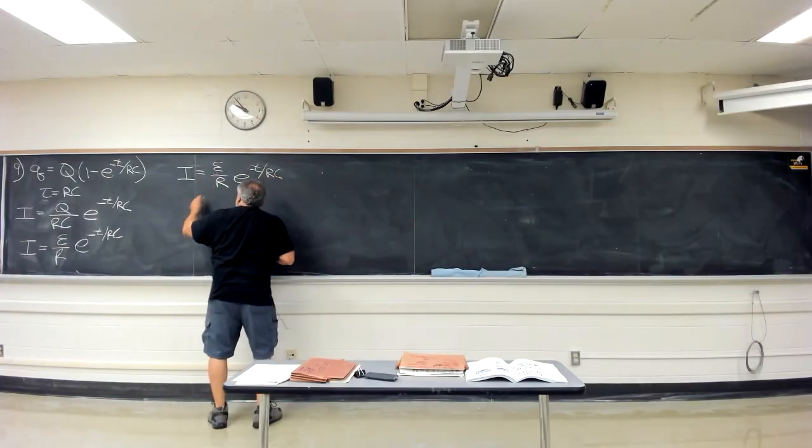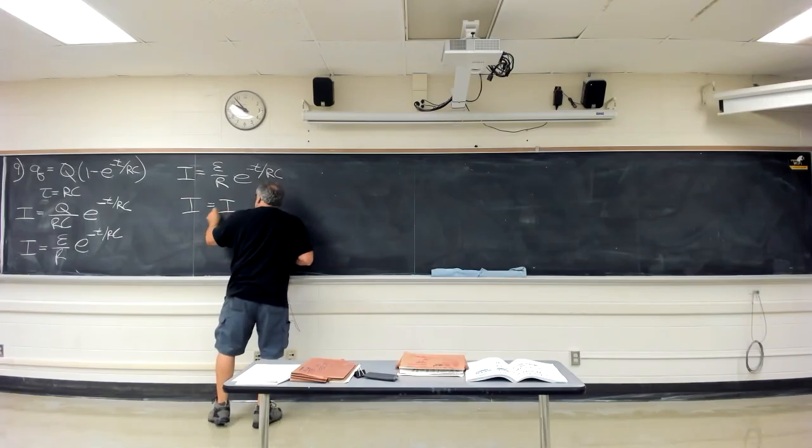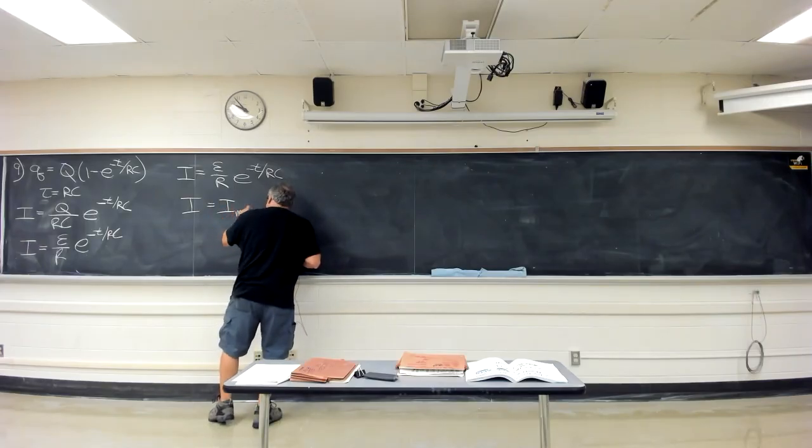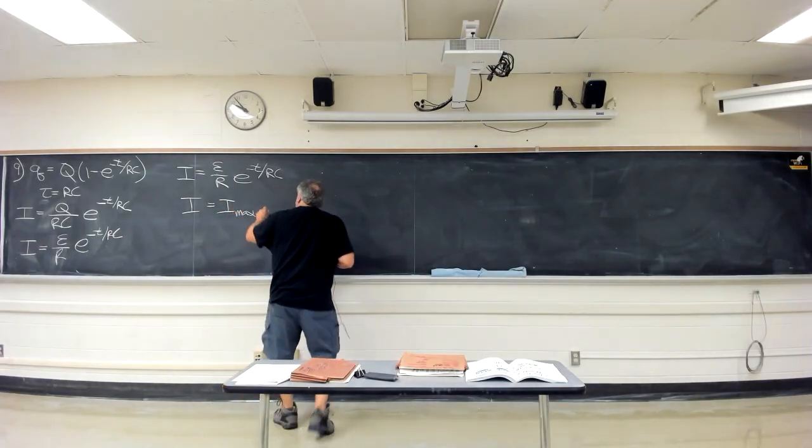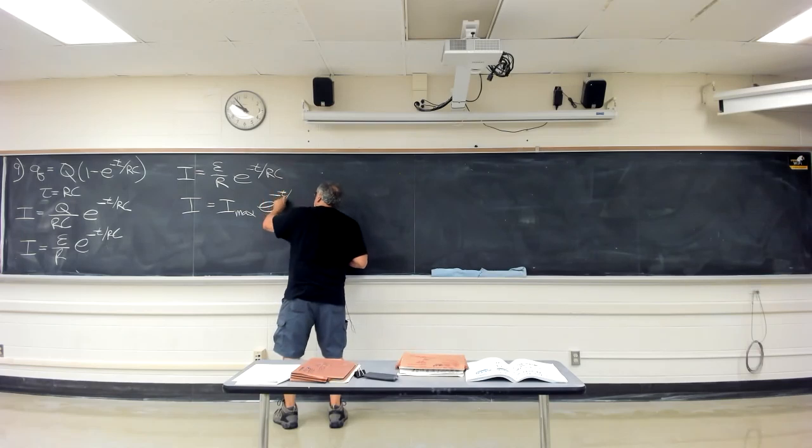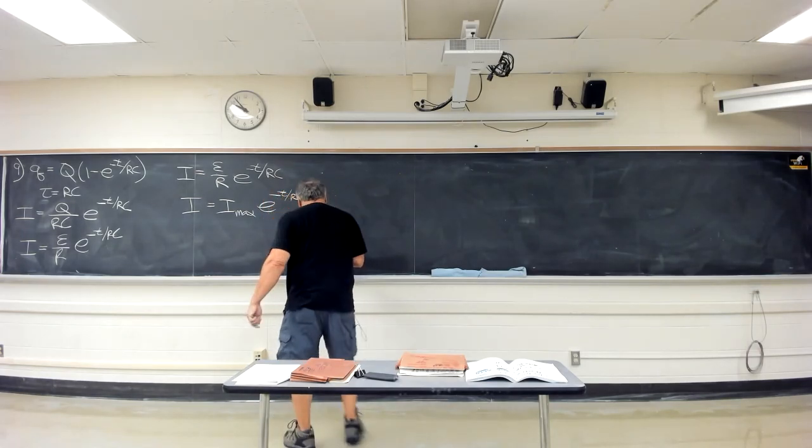This would be the maximum amount of current, guys, for the total E that's associated with it. So it's I max, that's E over R, times e to the negative t over RC. Okay, been there, done that.